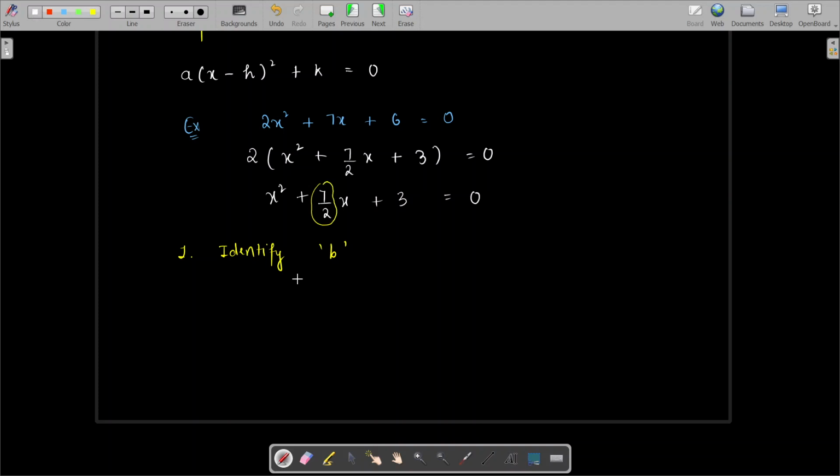Second step is to take the square of b. So b squared is 7 over 2 whole squared, which is 49 over 4.